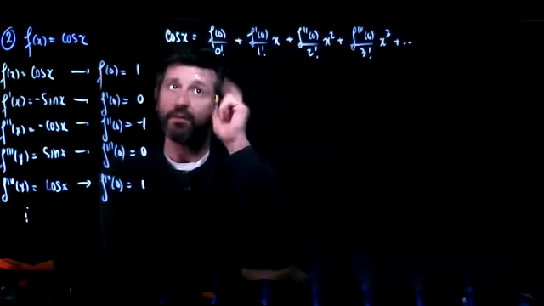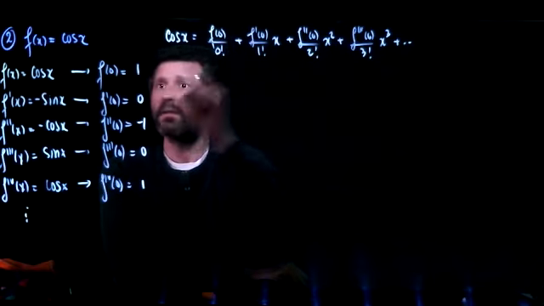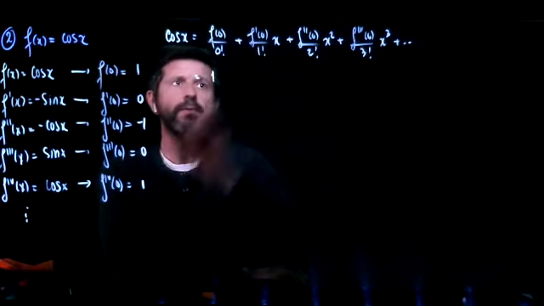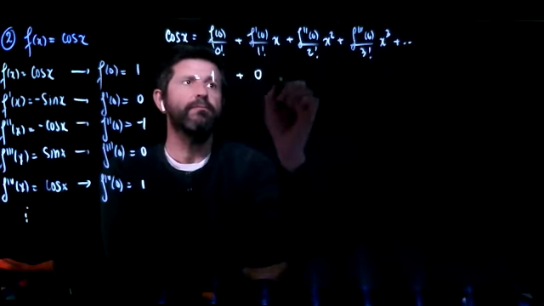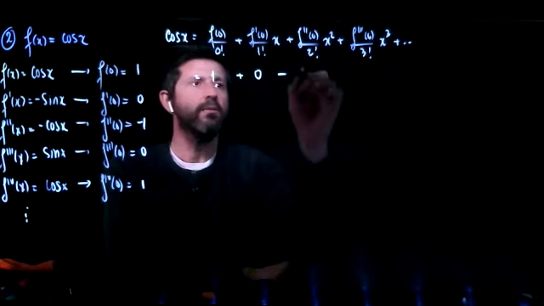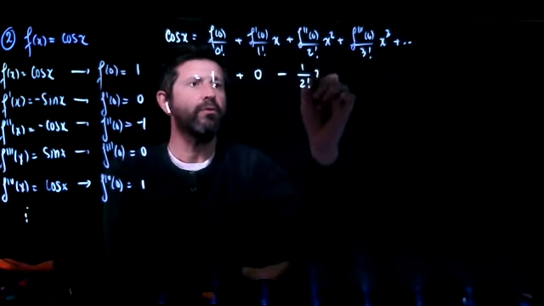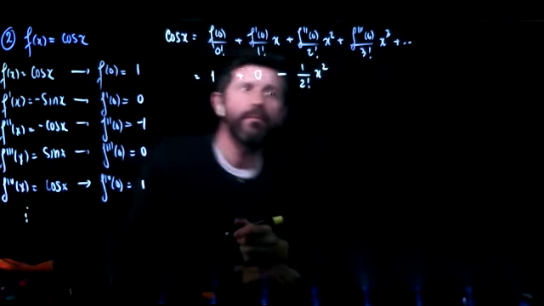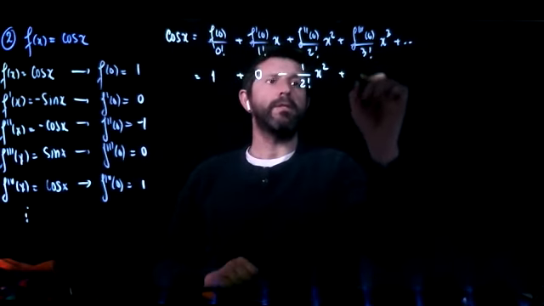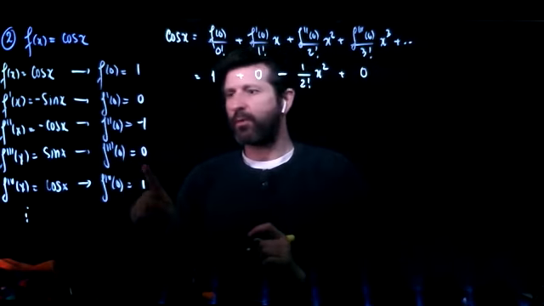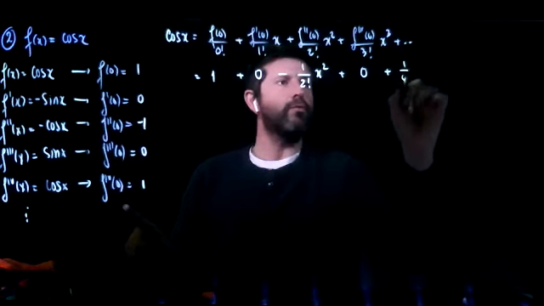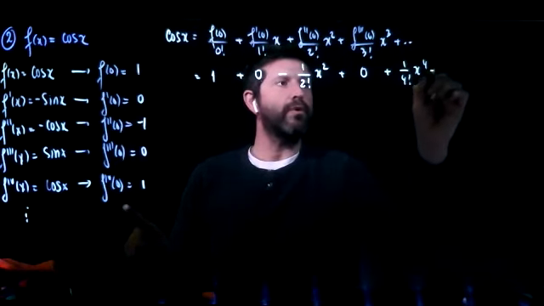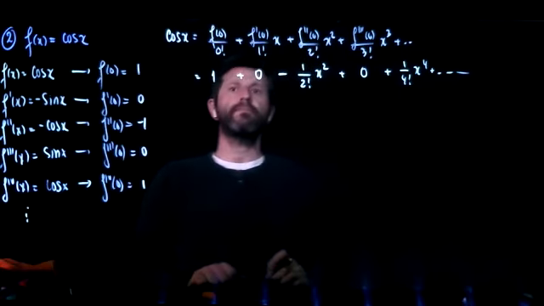So I get what? 1 over 1, so that's 1. Then this is 0. Then minus 1 over 2 factorial x squared. Plus this is 0, because f prime prime prime is 0. Then plus the fourth one, so 1 over 4 factorial x to the 4, and so on and so on.